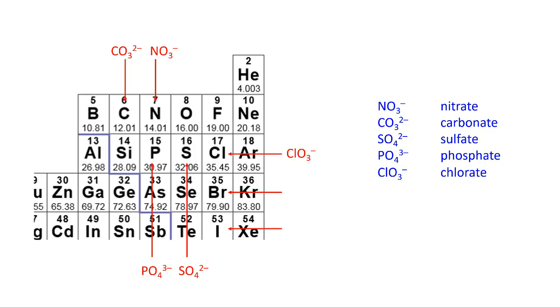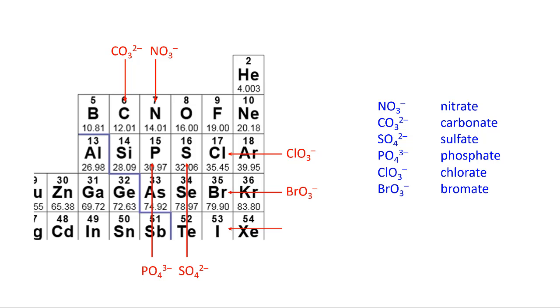Now we're going to see how the pattern continues as we go down the row from chlorine to bromine to iodine. So let's look at bromate. Bromate still has the same number of oxygens as chlorate and it has the same charge. So that helps to make things a little bit easier to remember these guys. So write down BrO3- bromate in your notes.